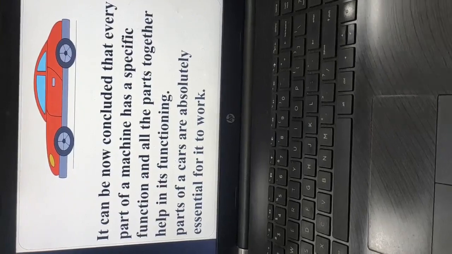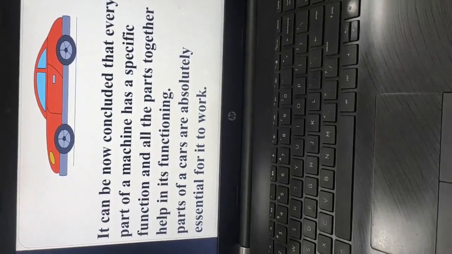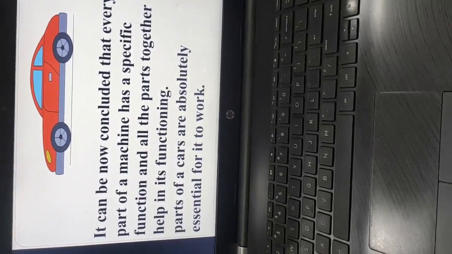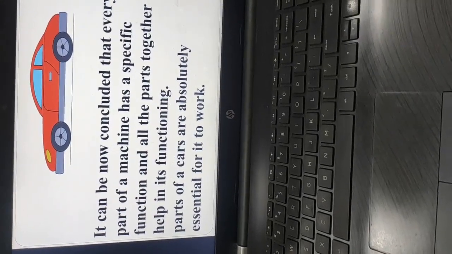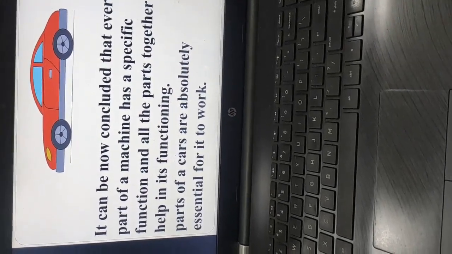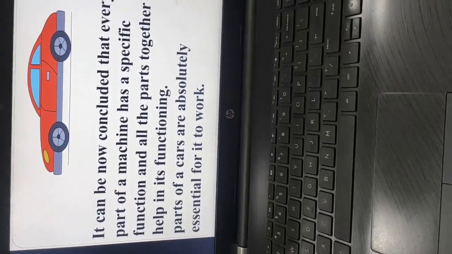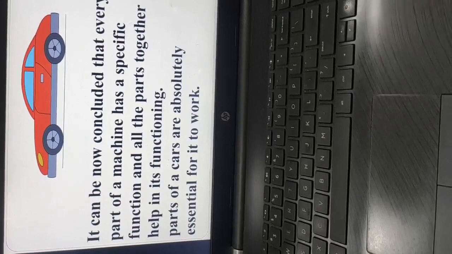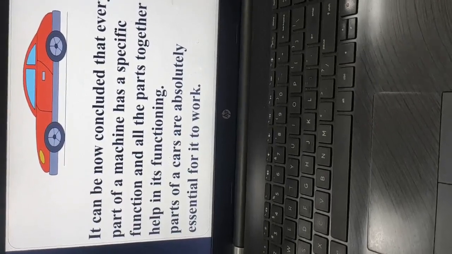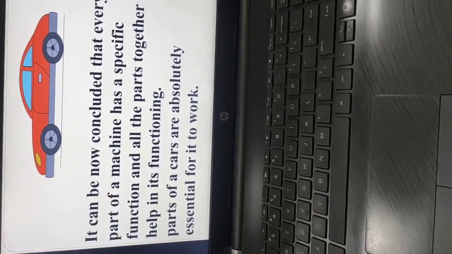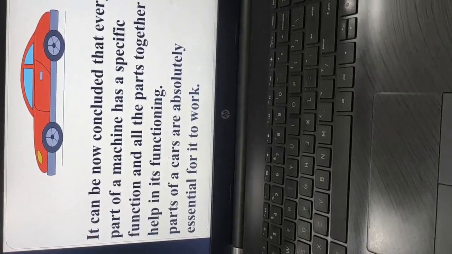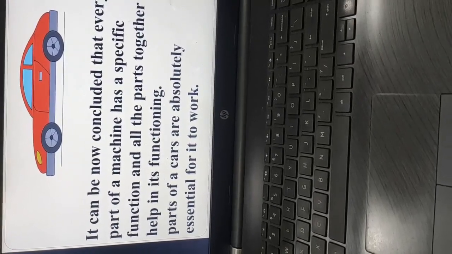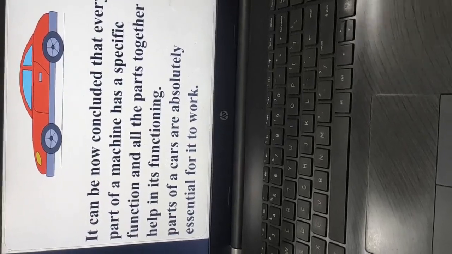So dear children, we have learned that all the different parts of a machine help it to function better, and all the parts together help a machine to function well. So I hope, dear children, you have learned how different machines work with different parts, and how different parts help a machine to work smoothly and with proper functioning.